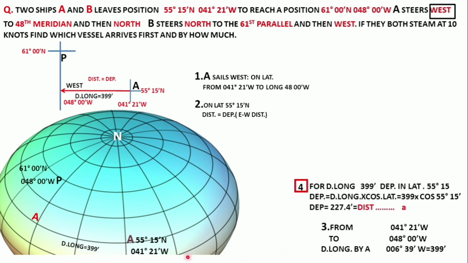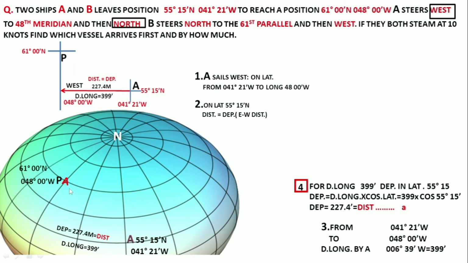So the departure made by A when she sailed along a parallel of latitude west is the distance she has covered to come to the meridian of the port here. And the distance is 227. So that's the distance she has done when she has gone west. And then she goes north. Going north, whatever distance she is going to do will be the D lat.